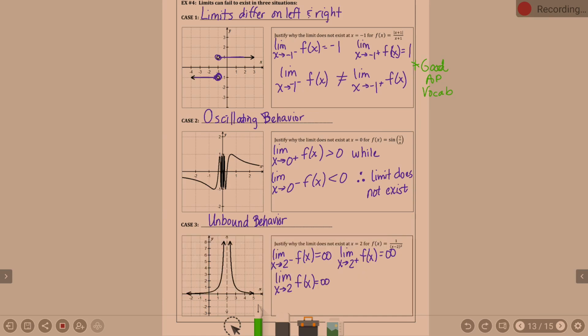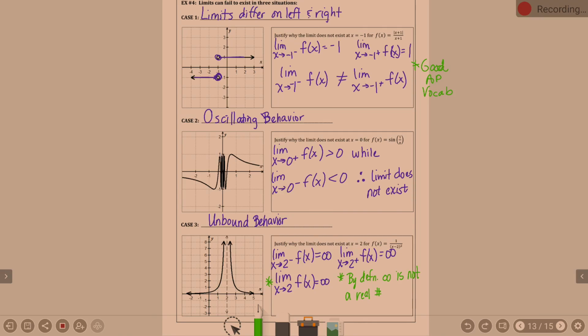Now, I'm going to put an asterisk and say, by definition, infinity is not a real number. It is a behavior. Okay, it's a concept. It's behavior.